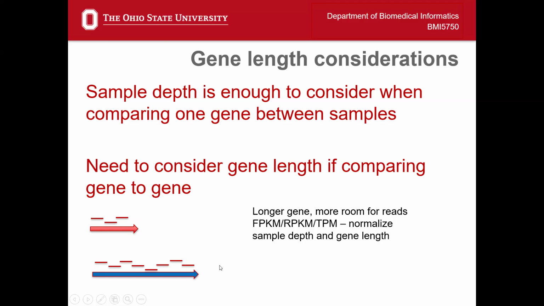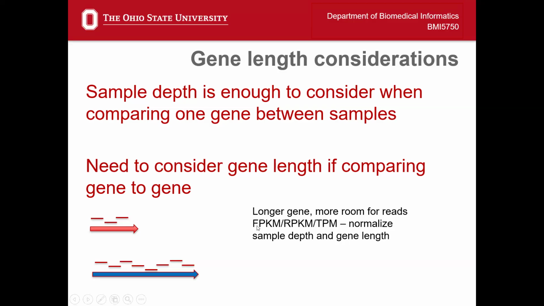To correct for this gene length difference, we divide by the kilobase length of the gene. This is where you get your FPKM, your RPKM. TPM is something similar as well. It's going to correct for the sample depth, so the differences between samples, and the gene length.